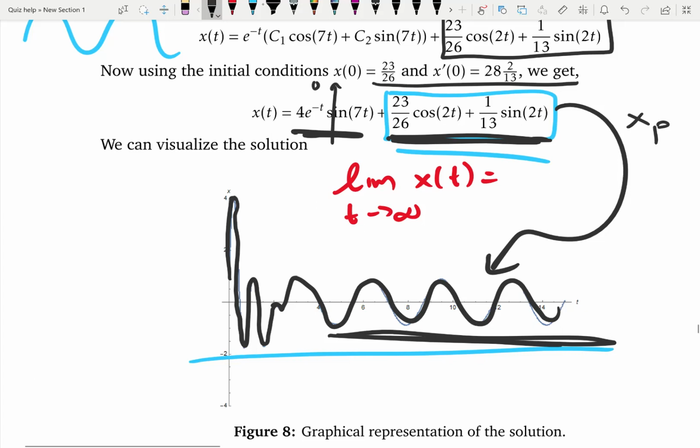We achieve that no matter what kind of roots we have. But now, all of a sudden, we have a driving force. We have a non-homogeneity in the differential equation. So the system eventually will start behaving like the particular solution, which comes from the driving force.